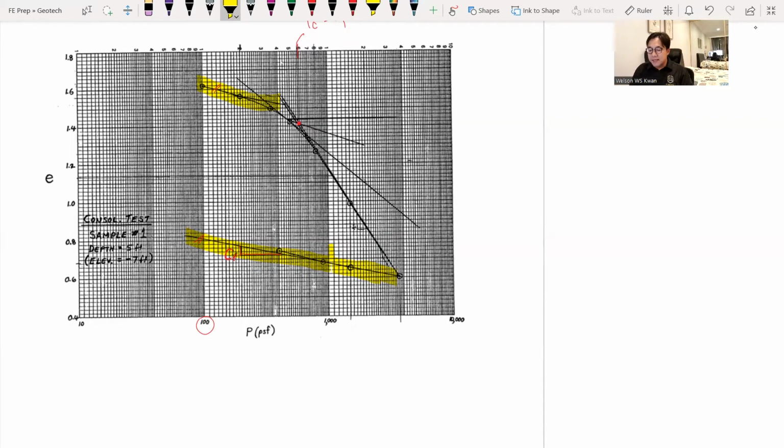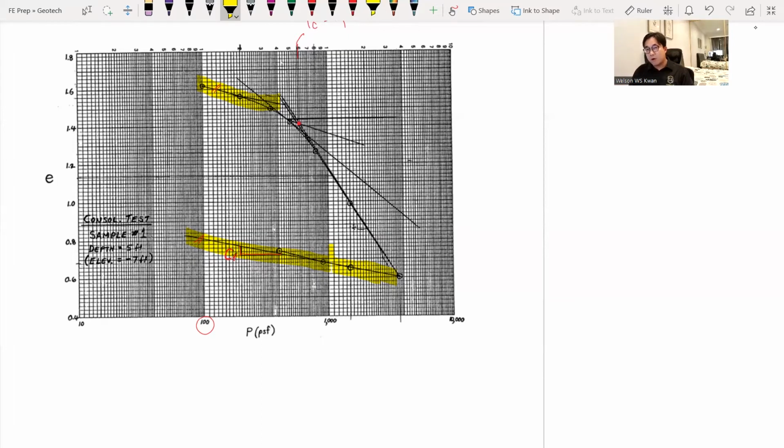The nice thing about the lower portion here is the soil sample in the lab has already experienced the maximum past pressure. It has been loaded beyond this maximum past pressure. So from a laboratory quality standpoint, the lower portion is more ideal for our data interpretation or for the C sub R characterization, because this part of the data, theoretically, has erased the soil disturbance.